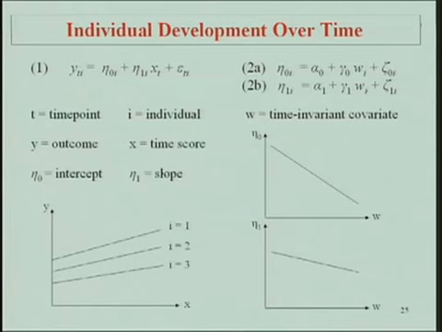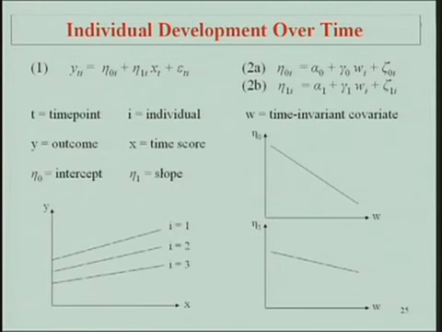So we're going to focus on the two terms here. The term sitting by itself here is an intercept, and the term multiplying x is a slope, just like in regression. So intercept and slope. And it's just that we've given it a funny notation here. It's the Greek letter eta, E-T-A, eta 0 and eta 1.